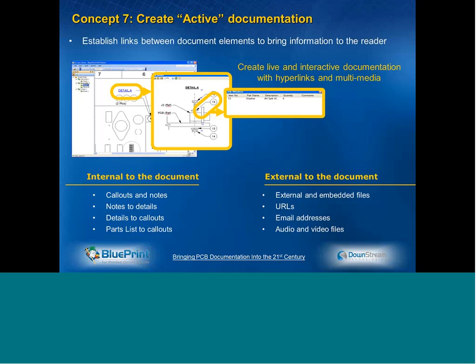We also wanted to get beyond paper flat documentation, which I include DXF and PDF in those, in that we wanted live links to content directly in the drawing. So in this case, you see where we're calling out a detail. Well, if you click where it says Detail A on our drawing, it will bring Detail A up.